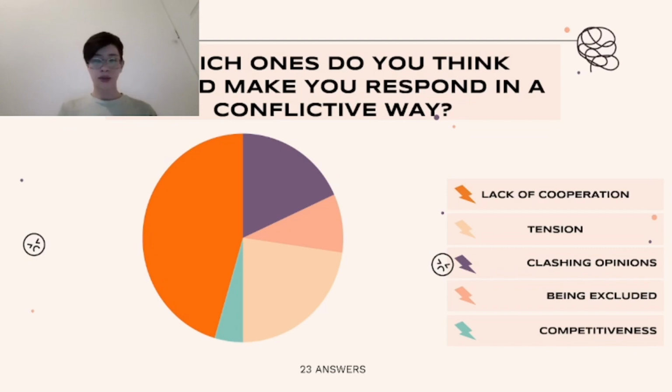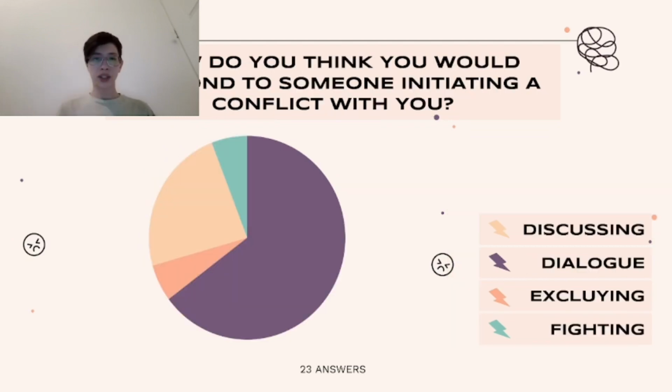We can really attribute it to any of the other four options, but it's also a big factor in responding in a conflictive way, as it helps to create a lot of stress, and you can't really think straight when you're stressed. The next question is, how do you think you would respond to someone initiating a conflict with you?